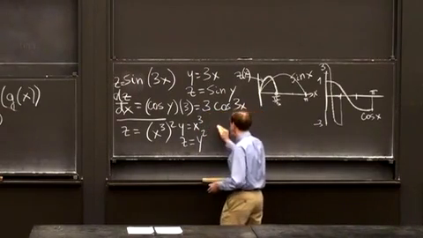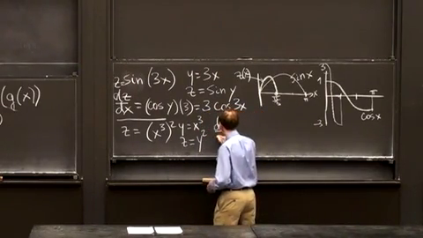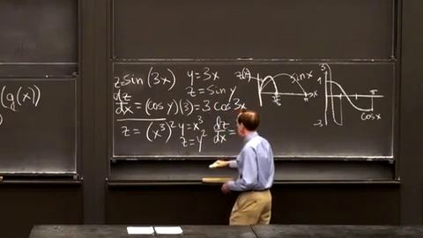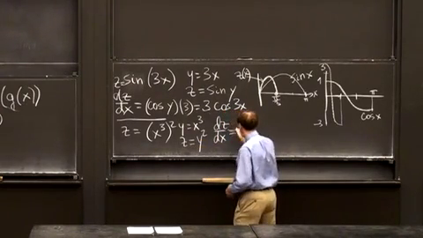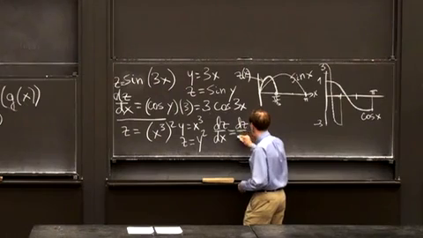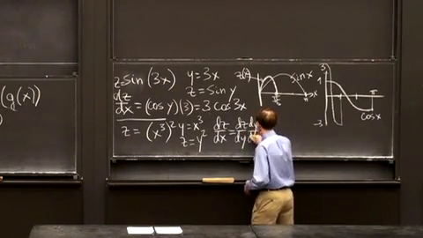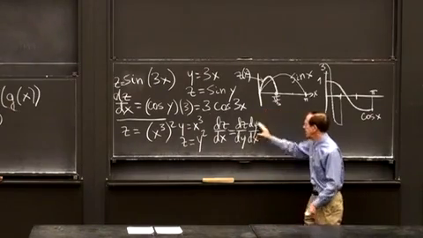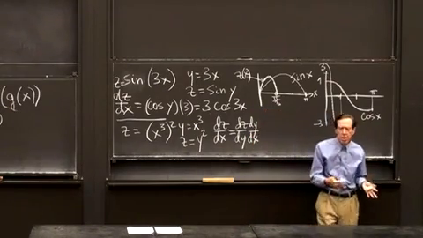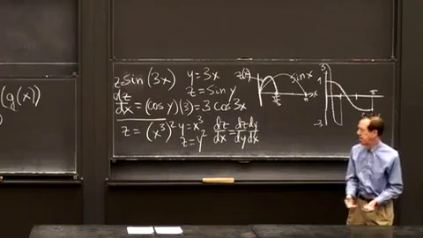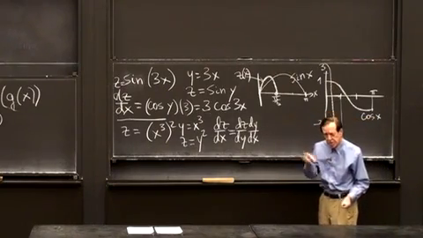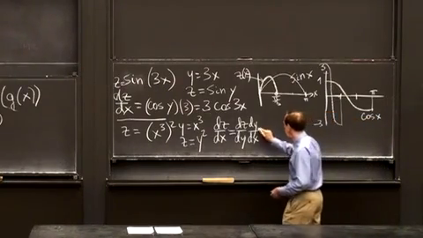Then the derivative dz dx by the chain rule is dz dy times dy dx. Easy to remember because in the mind of everybody, these dy's are sort of canceling.